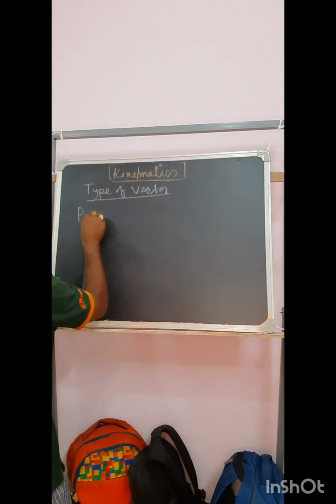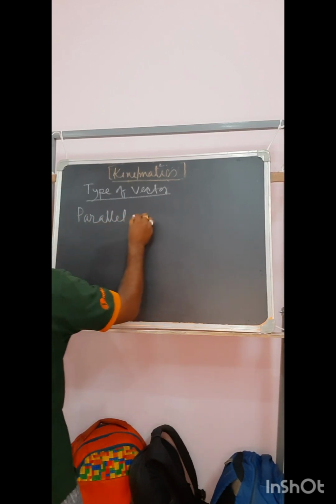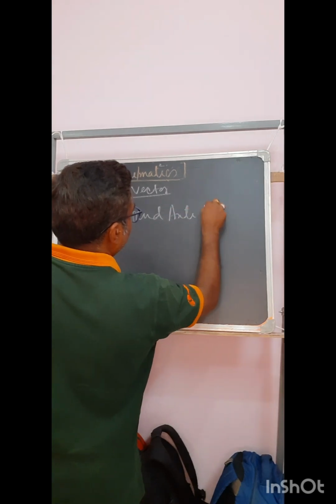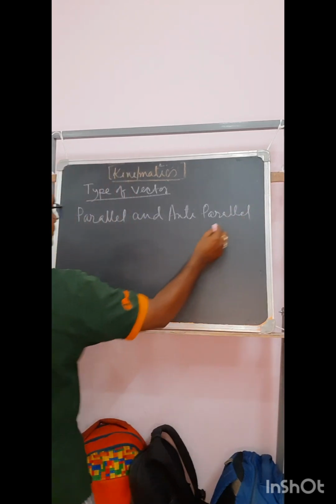Another pattern is called parallel and anti-parallel vectors.